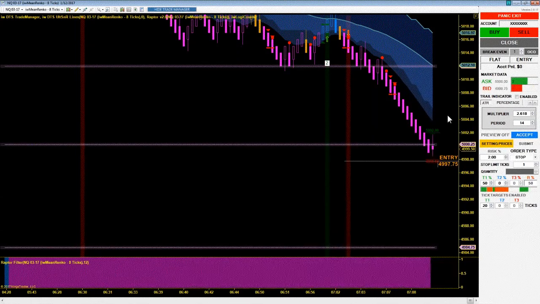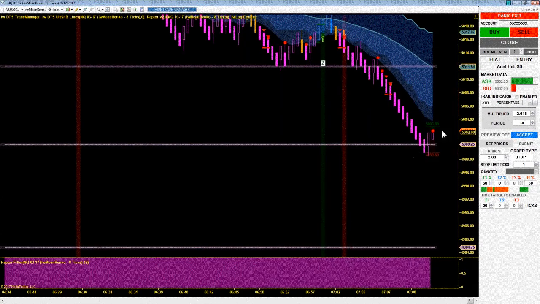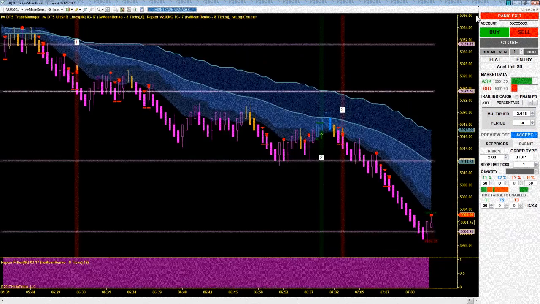Why is that important, you say? Well, when we're printing a signal, like when we were printing our number 3 signal right here, knowing where the bar is likely to finish, I can anticipate my entry. So if I know I'm producing a signal because I've got the warning dots, I've got the alert printing in the top right corner, I can anticipate where that bar will finish, and that allows me to get my order in before it actually prints.